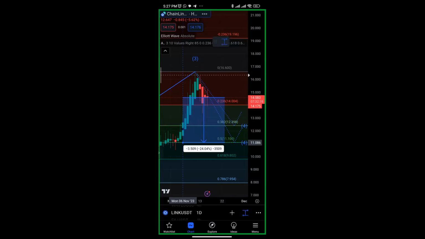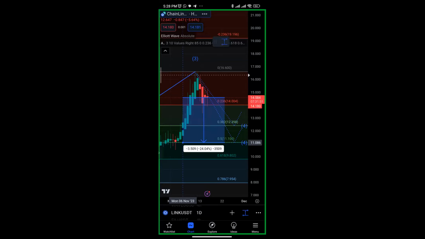So 24 divided by 5 is 4.8, so approximately 5%. I don't know if you got the maths. So I have divided this market drop. Just imagine link drops down to this grid line by 24%. It means I'm going to make more money.